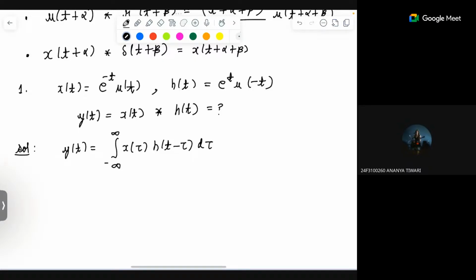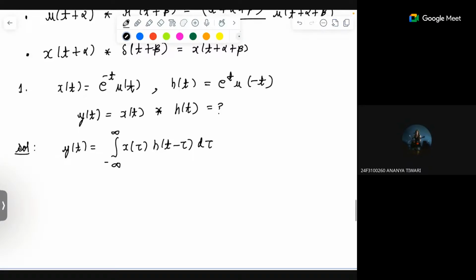Can I start solving, please? Yes, ma'am. Okay, thank you. So x(t) and h(t) are given. This convolution integral is the integral from minus infinity to infinity of x of tau h of t minus tau d tau.